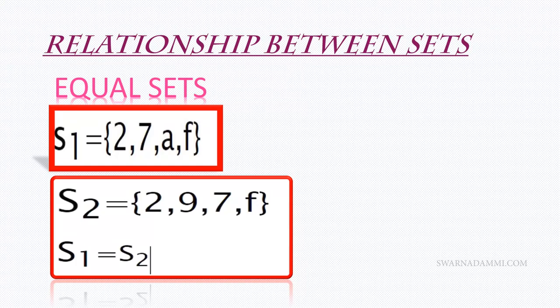How many elements are there? In S1, 1, 2, 3, 4. In S2, it is also comprised of 4 elements. So we can see the same elements here, and we can say that S1 equals S2. This is one example of equal sets.